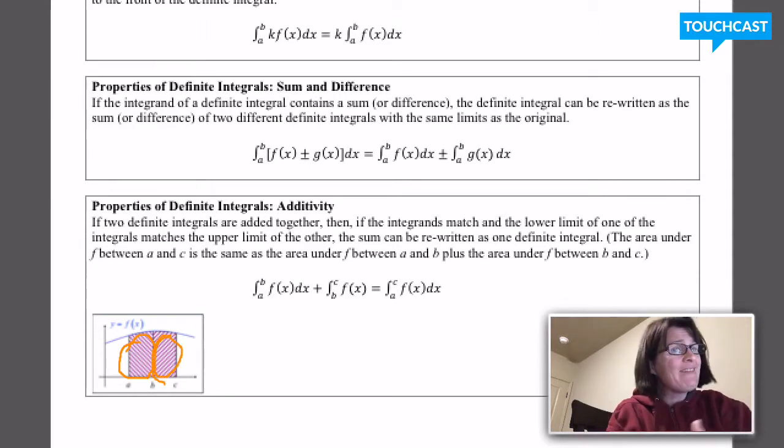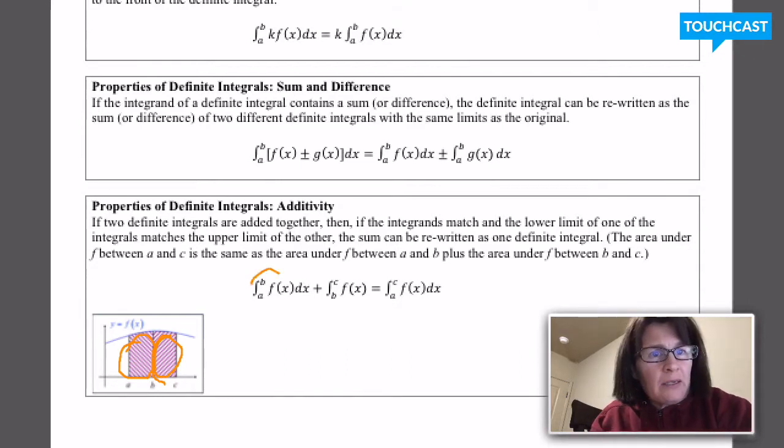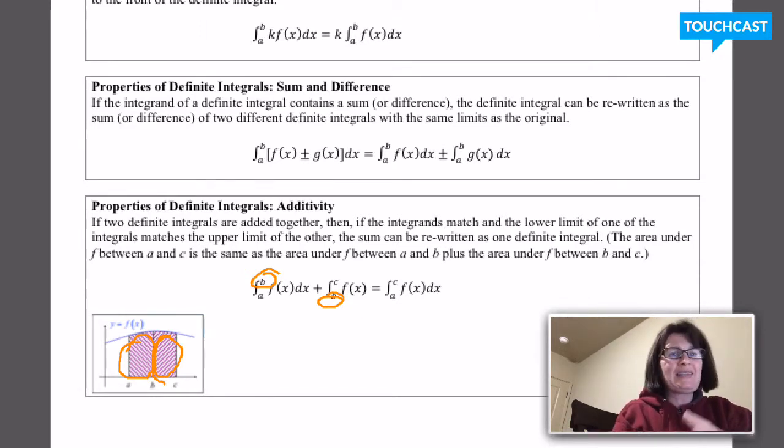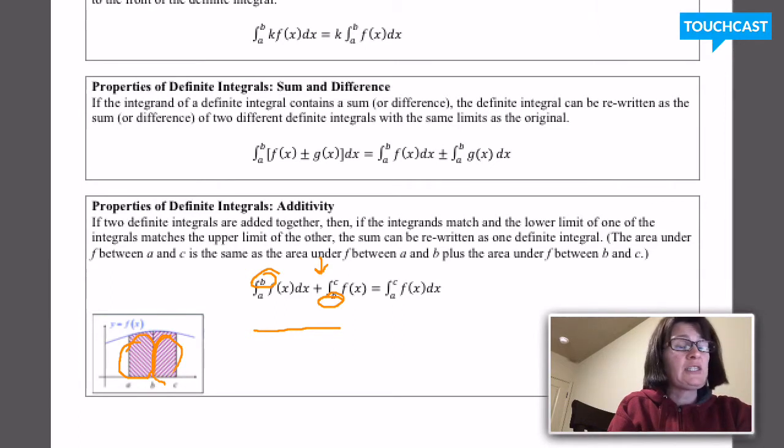If I were to add those 2 things together, that's equivalent to finding the area under f from a to c. So just notice that if this upper limit and this lower limit match, I can rewrite this addition expression as one single integral. Notice this has to be addition. This property does not work if that symbol there is subtraction.